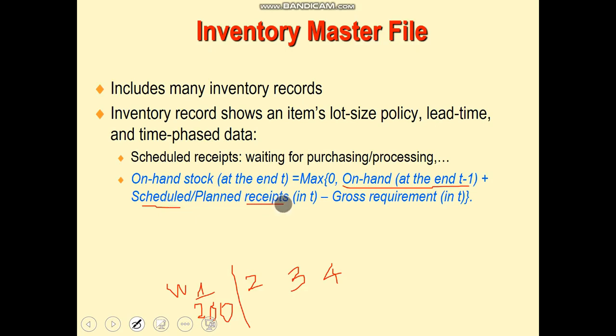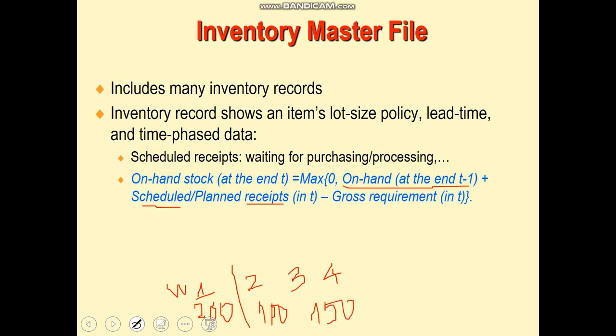What is a scheduled receipt? A scheduled receipt is, for example, when we already ordered the products, however, the supplier says they will deliver it to us in a period of time. So in this case, for example, we make an order in week 1, but the supplier will deliver the product to us in week 2. So we will receive the product in week 2. So the scheduled receipt in week 2, for example, is 100, and the gross requirement in week 2 is 150.